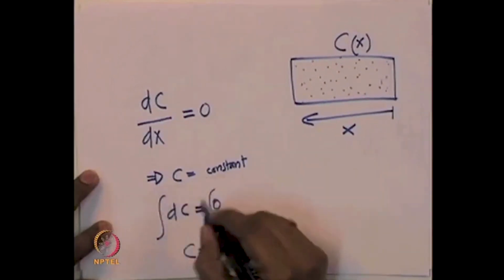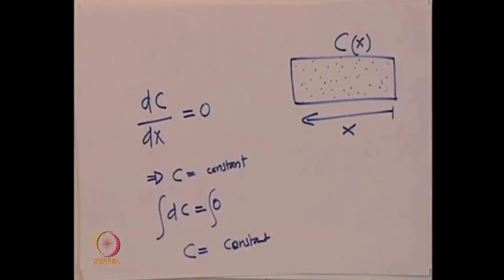That is how you integrate this equation. Essentially, what we did here is convey the message that the concentration is uniform across the cell or this particular region that we saw, and this is mathematically expressed as dC by dx is 0.